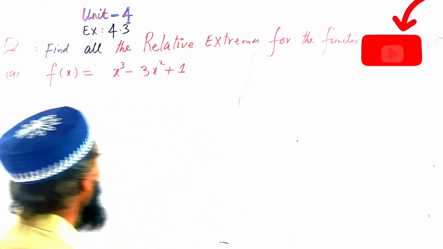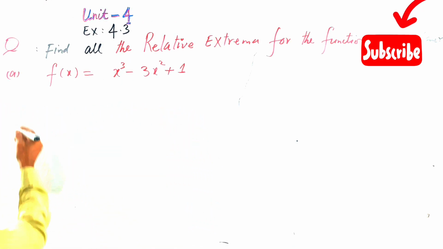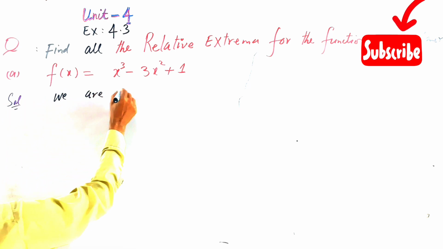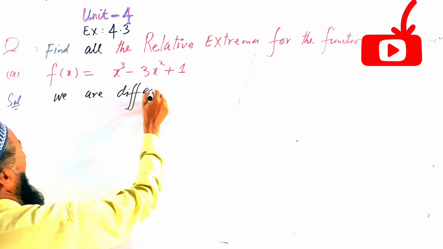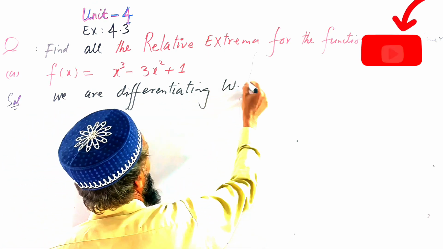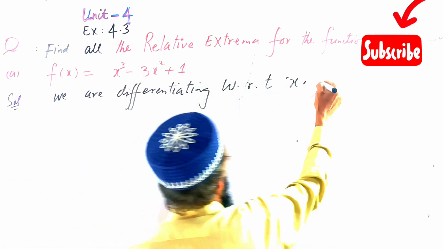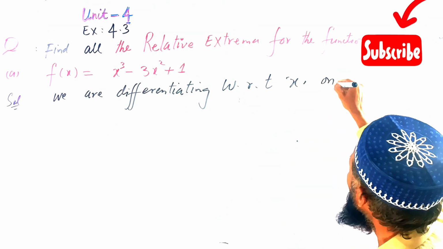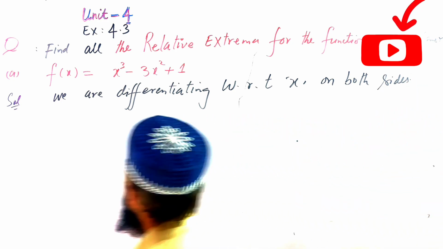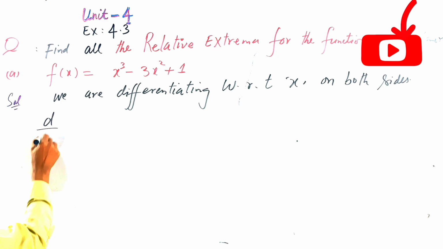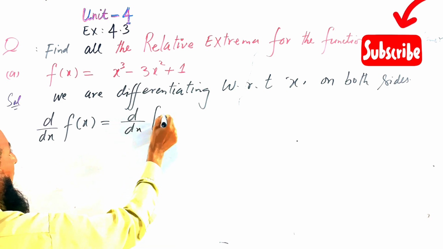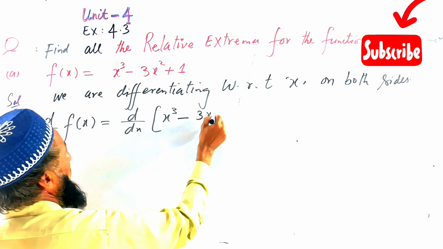So first of all, we are differentiating this function with respect to x on both sides of this equation. dy by dx f of x is equal to dy by dx x cube minus 3x square plus 1.